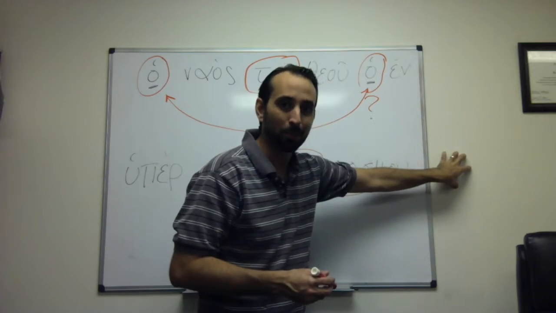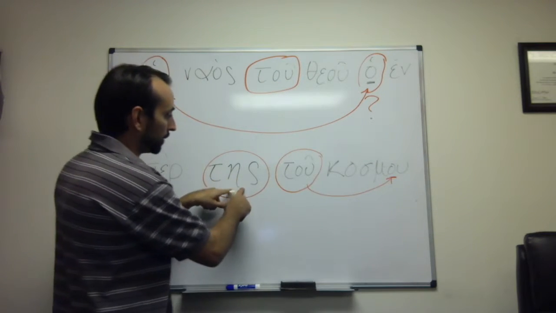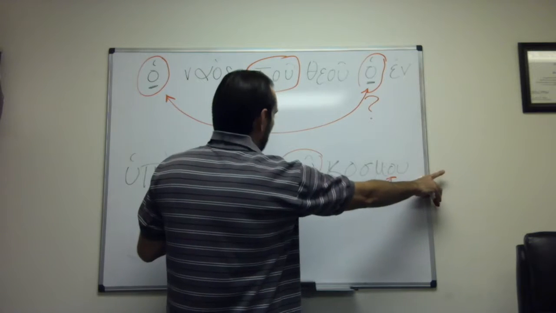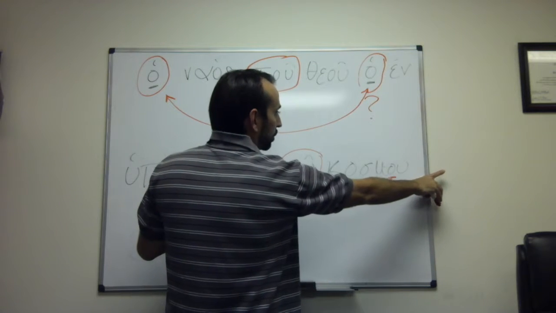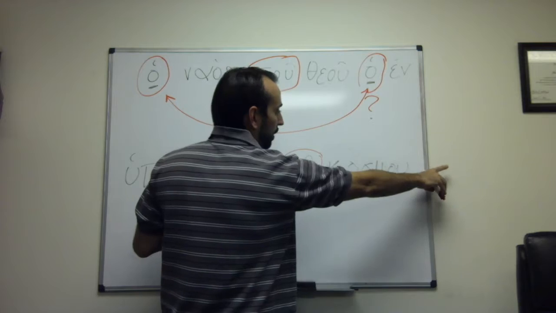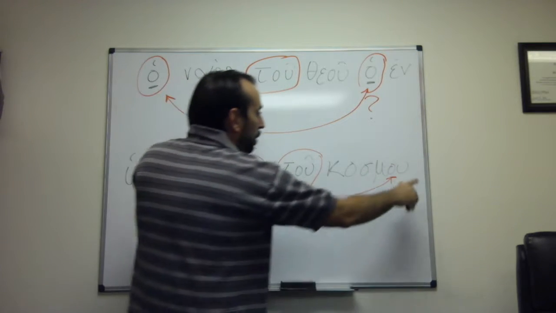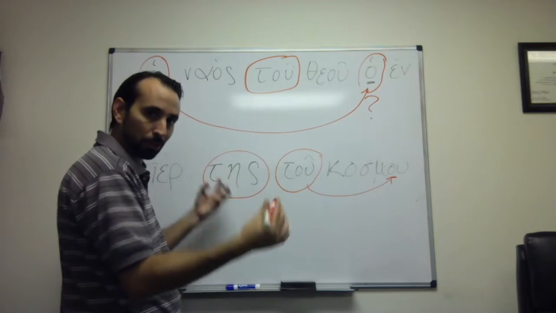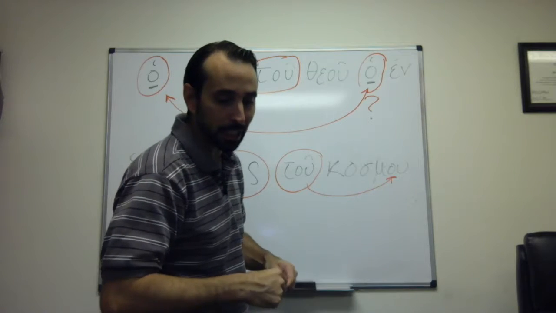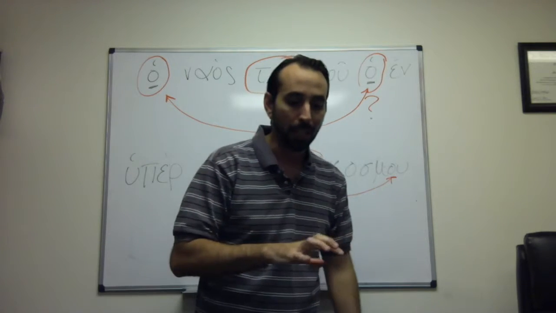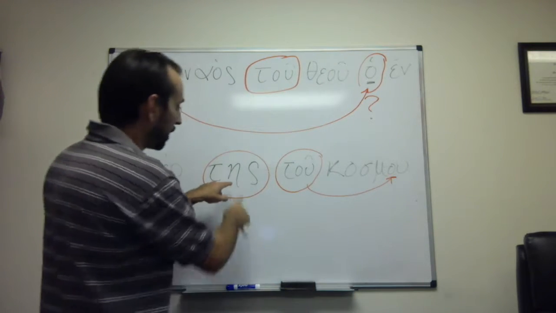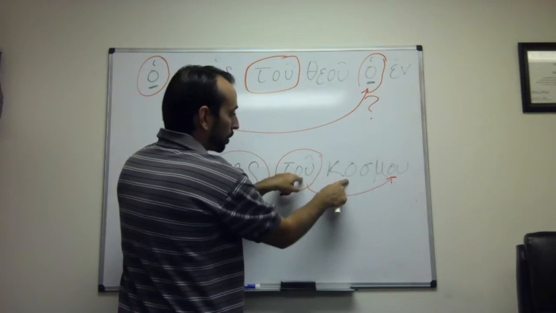It goes with that word. But notice what's happened is the writer has separated the article from the noun that it goes with, way out here, the life, in order to rope in the cosmos. These two phrases go together. You see how Stevens translated it, for the life of the world. It's the life of the world.